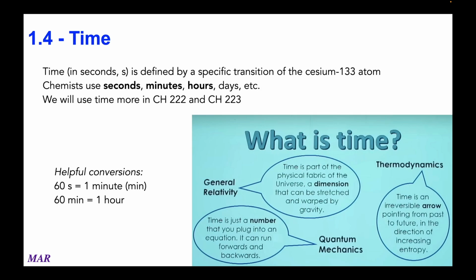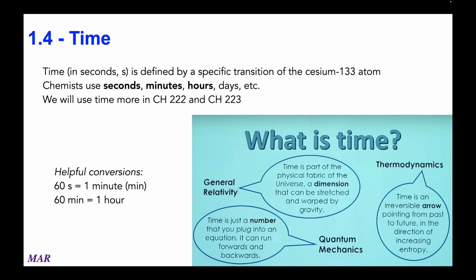Time is also important. Time is going to be more important to us in the next chapters, but time, as you know, is measured in seconds, minutes, hours, days, years, decades, etc. Most of the time, chemists are pretty cool using just seconds to minutes and minutes to hours. So there's 60 seconds in a minute, 60 minutes in an hour, stuff like that.